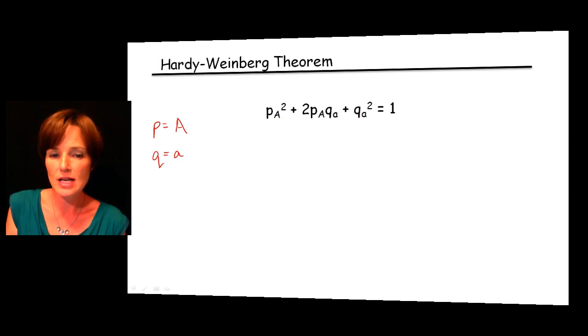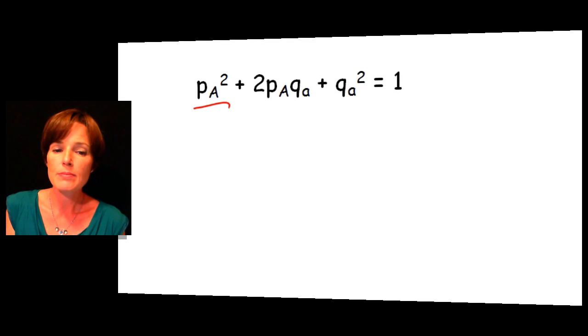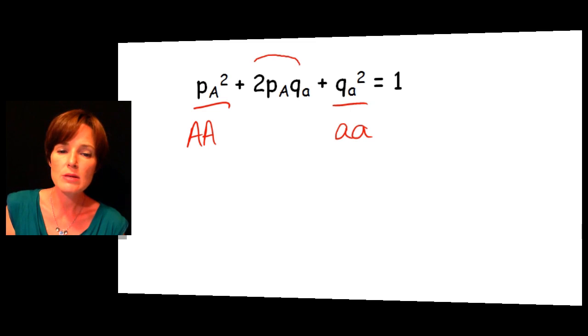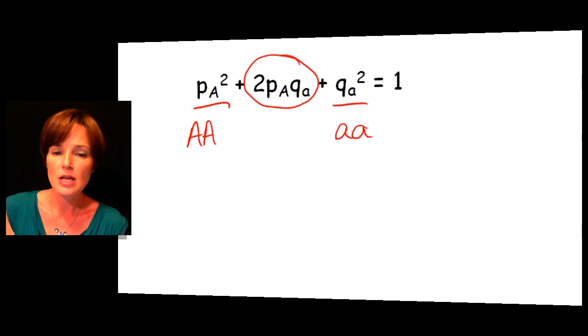When we put it together as we see in this equation, P squared is the frequency of the big A genotype. Q squared, on the other side, is going to be the frequency of the little a genotype. And then here in the middle, the 2PQ represents the frequency of the heterozygous genotype.